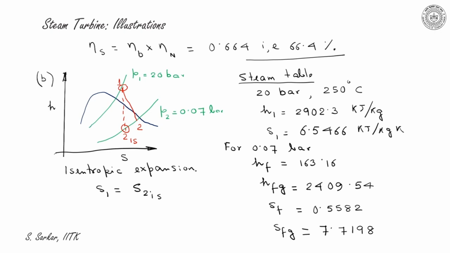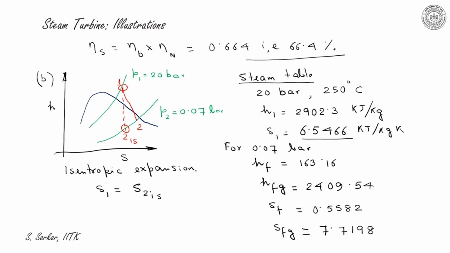Now considering the values of SF and SFG and also S1, one can imagine at point 2 there should be some wetness or dryness fraction.